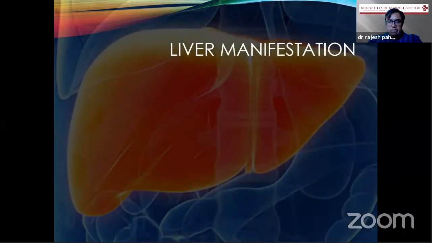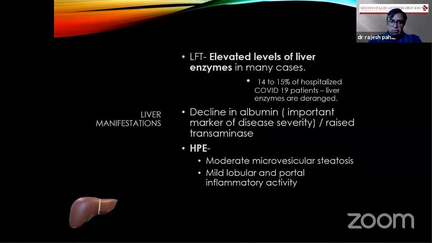Let's come to the liver manifestations. Elevated levels of liver enzymes are seen in many cases with COVID-19, and in hospitalized patients, it is seen that 14 to 15% of the patients had deranged liver enzymes.